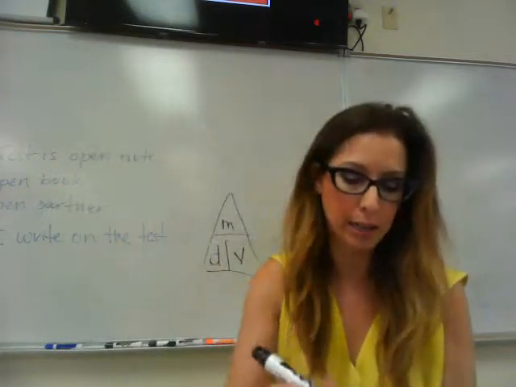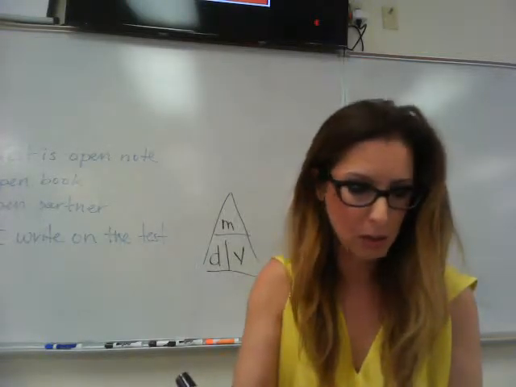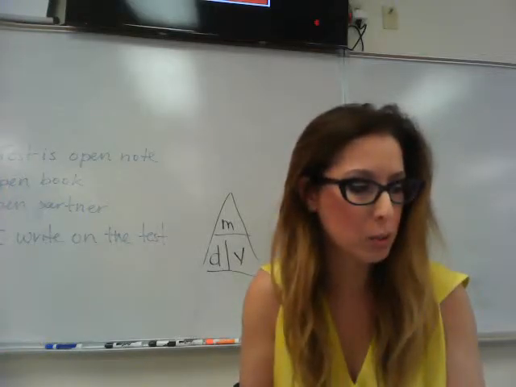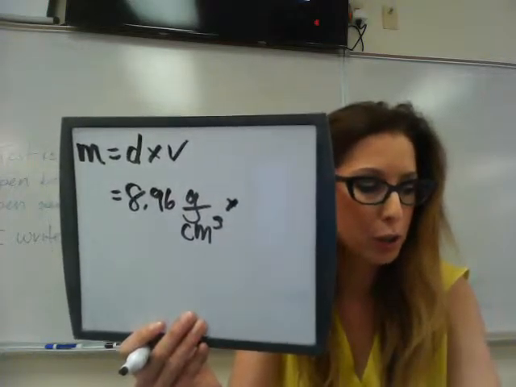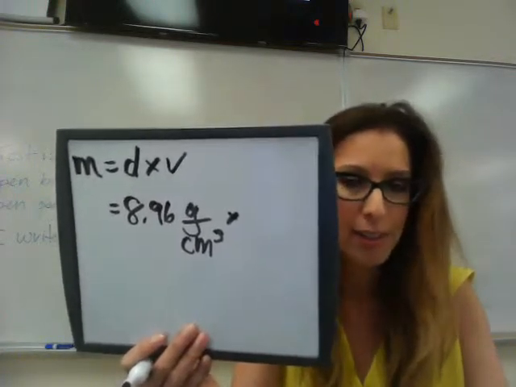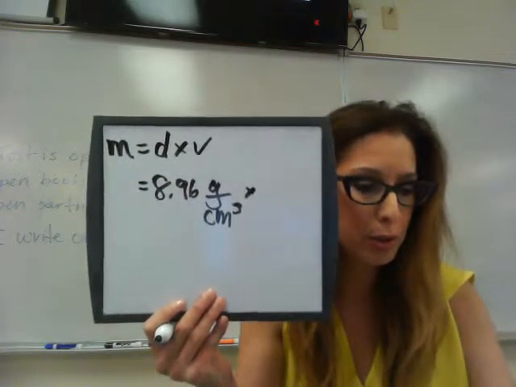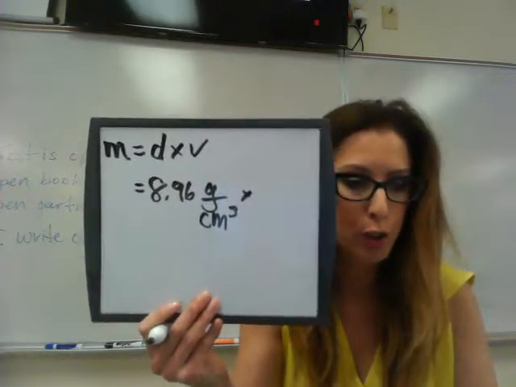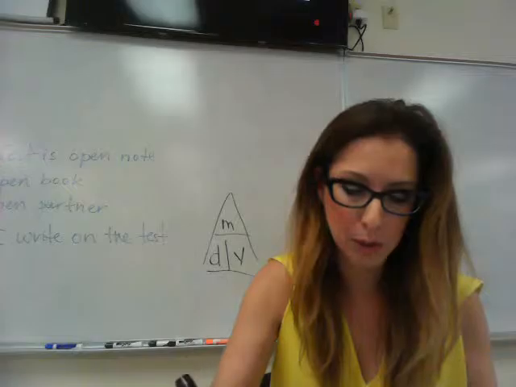Density is 8.96. The volume, you have to calculate. Since we want centimeters cubed, you've got to multiply length times width times height to get volume because you have a cube. So 2.54 centimeters times 2.54 times 2.54 is going to give you the volume, which is 16.4 centimeters cubed.